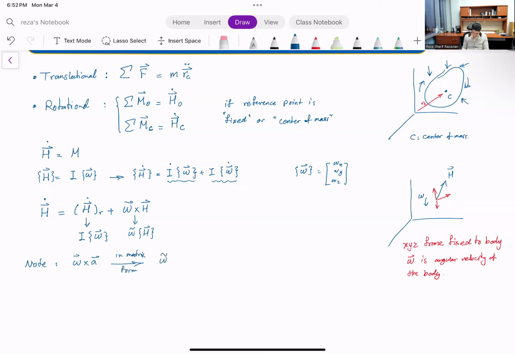You can do omega tilde times this a, where omega tilde is what we had before: 0, minus omega z, omega y; omega z, 0, minus omega x; minus omega y, omega x, 0. So it's the equivalent of the cross product, but written in matrix notation.